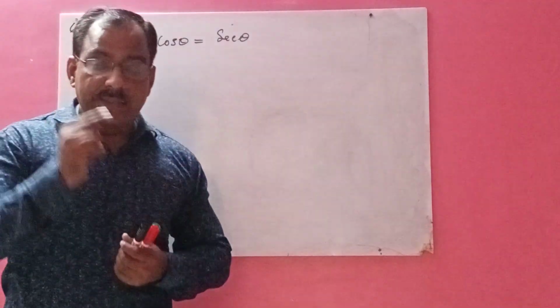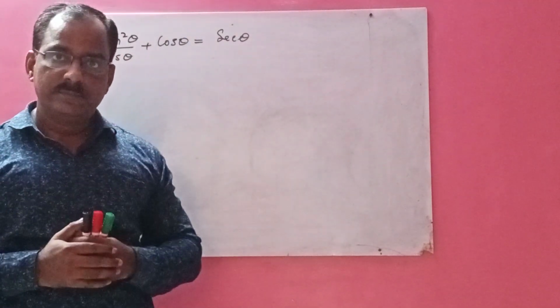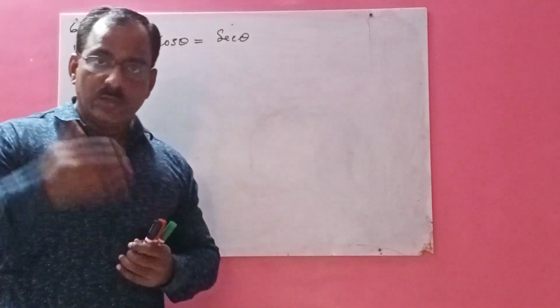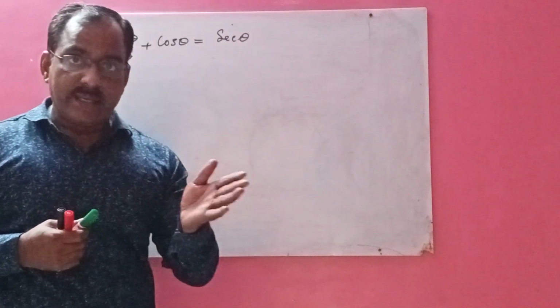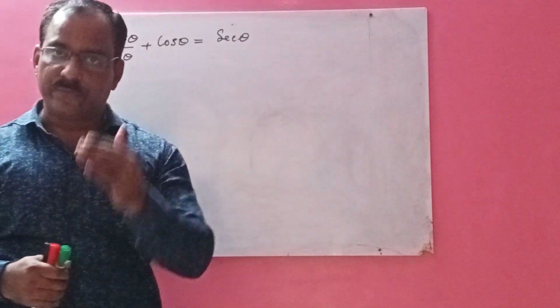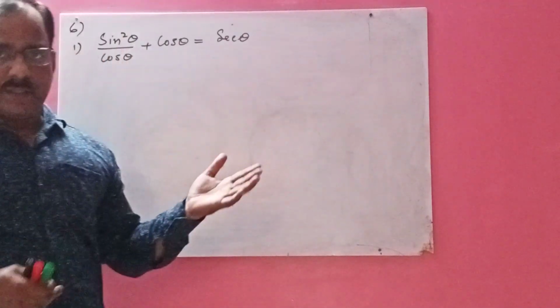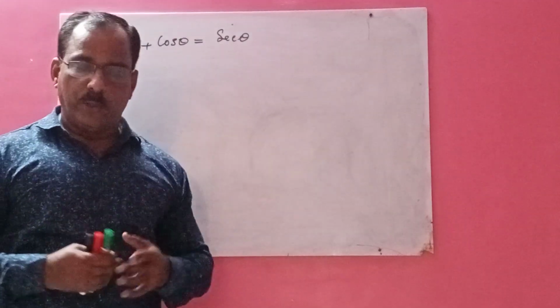How? Tan is equal to sin upon cos. See, I have converted. Cot is equal to cos upon sin. I have converted into sin and cos. Similarly, sec is equal to 1 upon cos. Cosec is equal to 1 upon sin. Then your problem becomes easy. You will get some ideas to solve. So keep these 2 points in your mind.